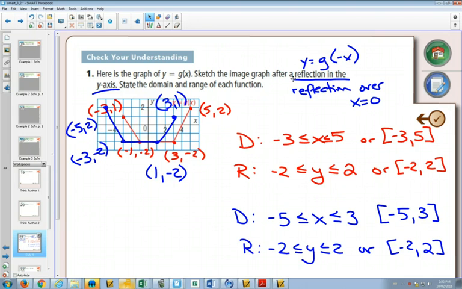But you don't know what graph you're working with. Could be any graph. But you should still be able to say, oh, I know my x values are changing. They're getting multiplied by a negative, so I should be able to go right from here to here with that idea.